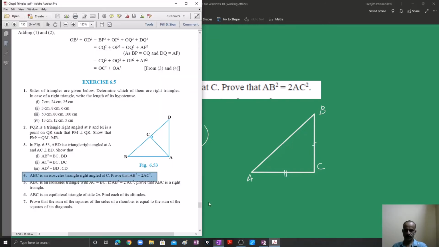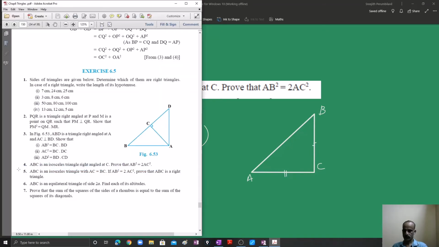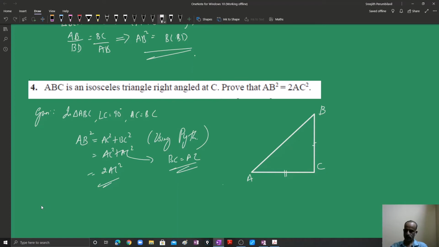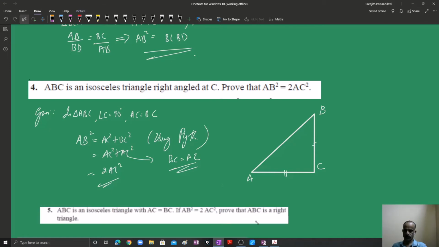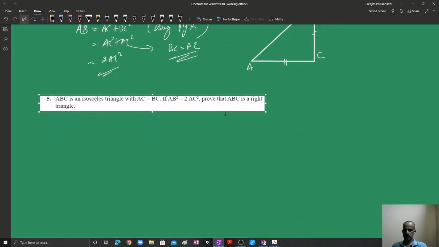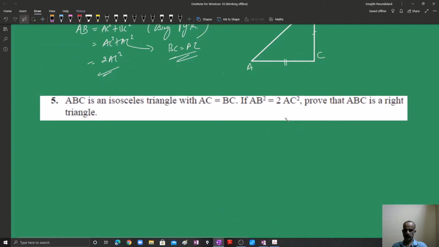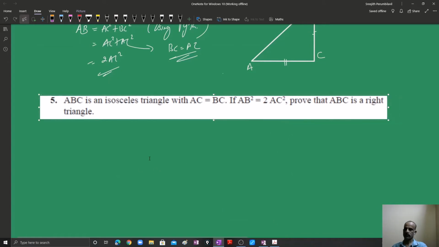Question number 5. ABC is an isosceles triangle with AC equal to BC.